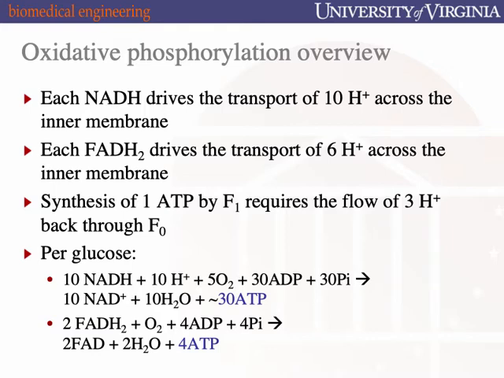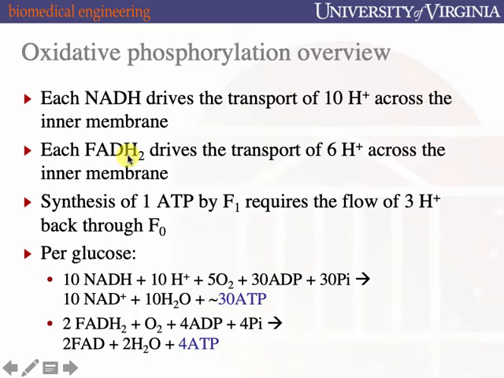And now we have everything that we need to find the final net yield of oxidative phosphorylation and aerobic glucose metabolism from the top all the way down. As we said, we get 10 protons moved up a gradient by virtue of complexes 1, 3, and 4 for NADH.